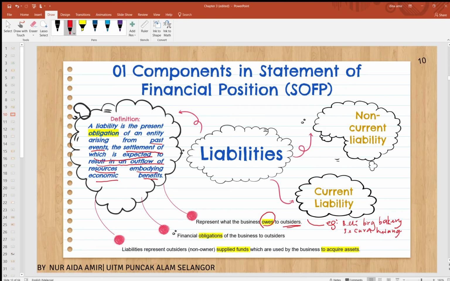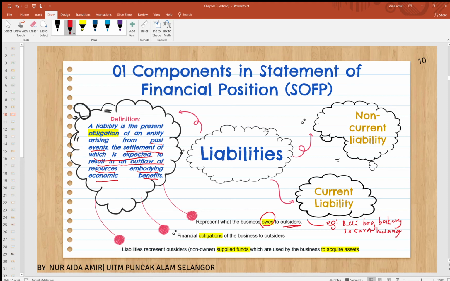Tapi bakery tu bagi you beli secara hutang lah. Maknanya nantilah you bayar tak apa. You bayar kemudian tak apa. Tapi make sure you bayar within 1 year. Okay. Sebab tu kita represent liabilities ni. What is the business owes to the outsider? Apa yang business tu sebenarnya owes to the outsider. Iaitu beli barang bakery secara hutang. Contoh macam situation tu lah.